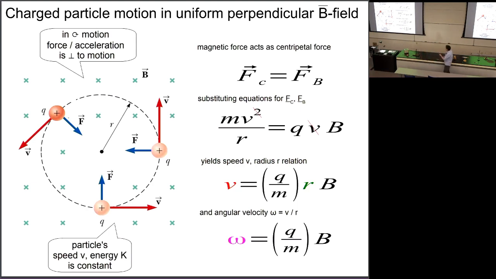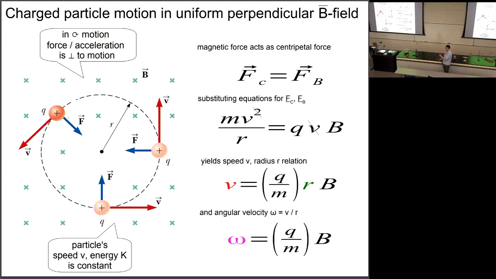Well, that I worked out over here. And it's a very interesting story, really. So my starting point upstairs on the right here is that the magnetic force, Fb, is providing the centripetal force, Fc. So that's the fundamental idea that we drew from the picture.